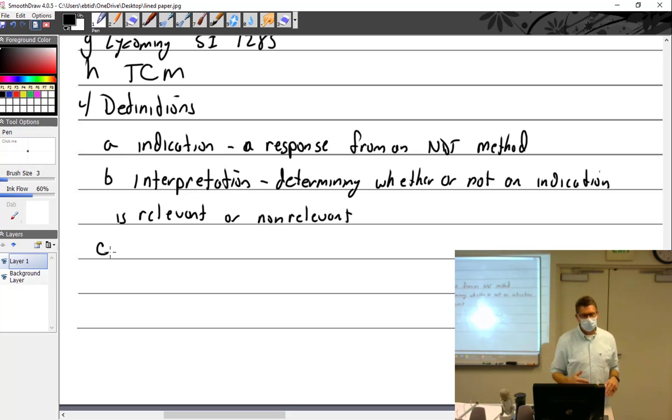Well, if I have a part that is shaped like a T, there's this area right here where the two pieces meet, and there's always going to be a little flux leakage at that corner. And if I have flux leakage there, it's going to give me, what's the word? An indication. And now my job is to do an interpretation. Is it relevant or non-relevant?